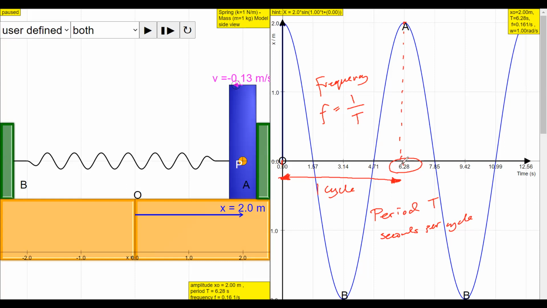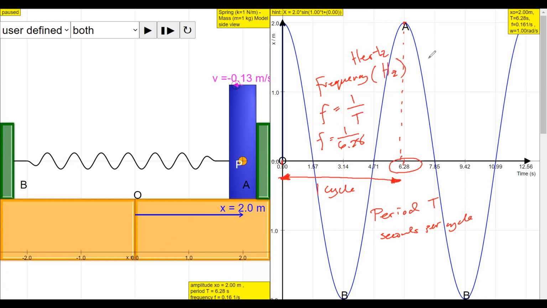In our illustration, we can get the frequency by the reciprocal of 6.28. The unit for frequency is hertz, or in symbol, Hz.